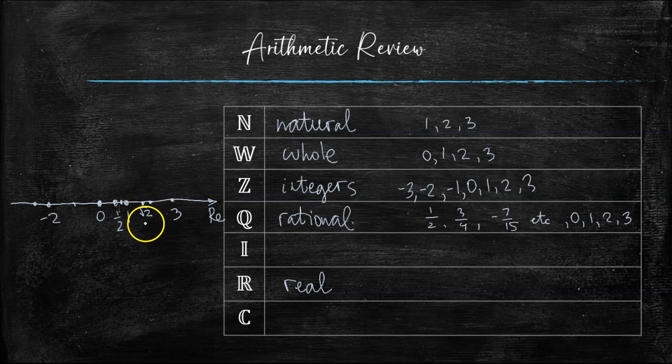Square root of 2 cannot be expressed as a ratio, and therefore it's called an irrational number. Now, common examples of irrational numbers are pi, e, square root of 2, and this is usually where the imagination of students runs out.